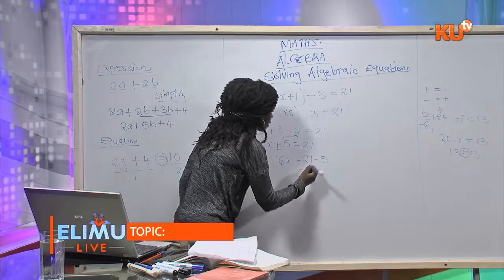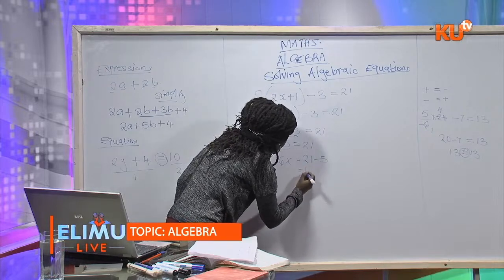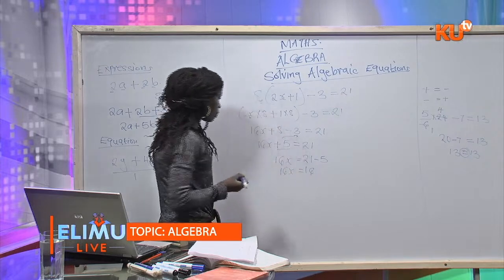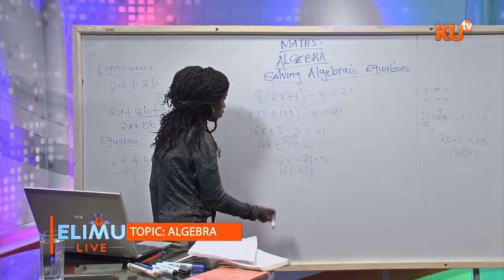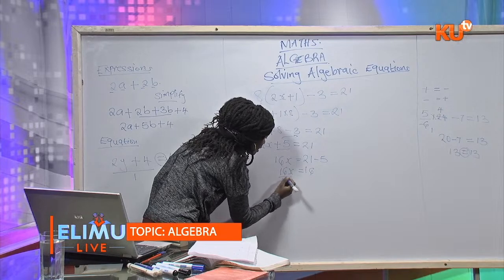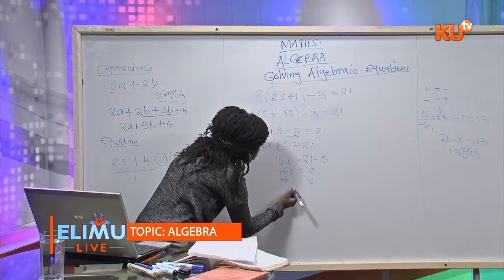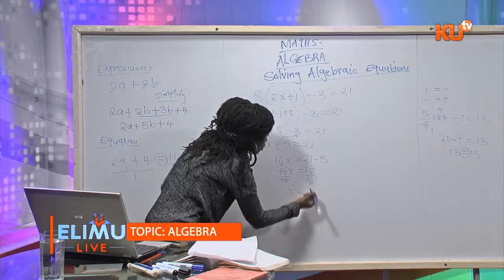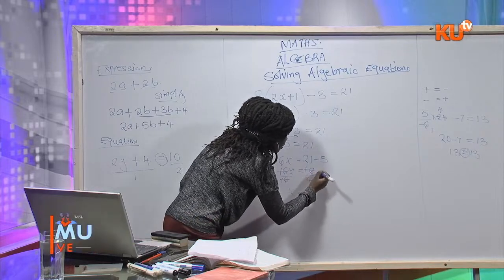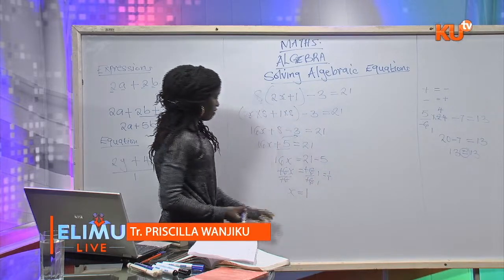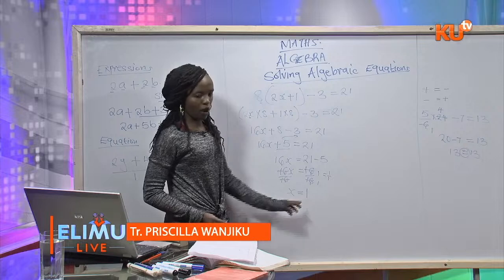So 21 minus 5, I get 16, and this side I have 16x. I want to get the value of x, so I divide both sides by 16. The value of my x is 16 by 16 is 1, 16 by 16 is 1. This is 1 over 1, which is the same as 1. So the value of my x is 1.